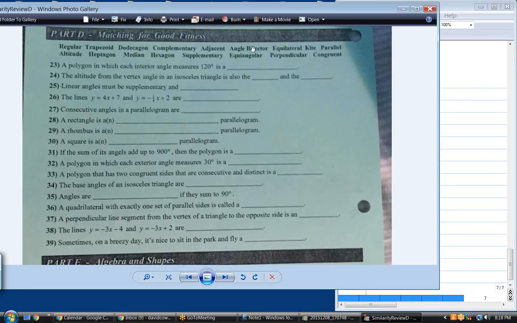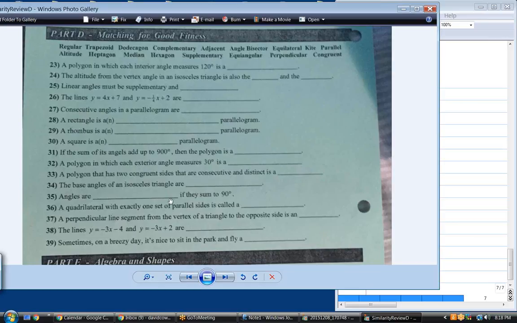3, 3, 3, 3, 3, 2. There's 17 blanks. Actually, there are 18 blanks and 17 choices.